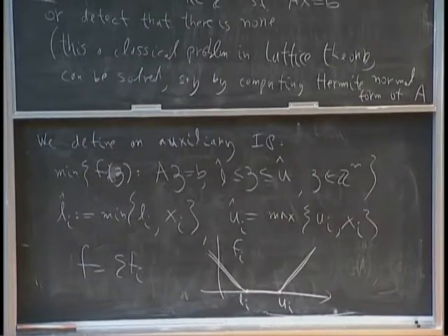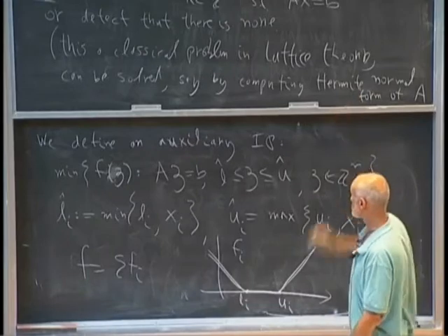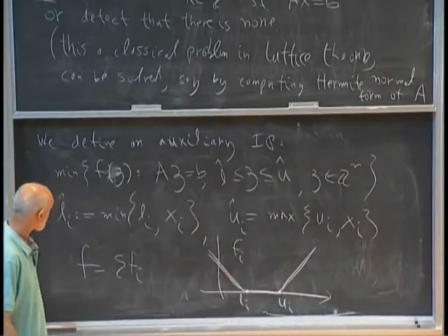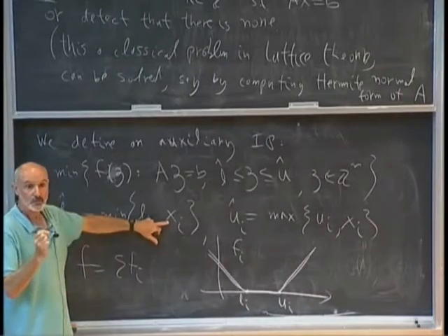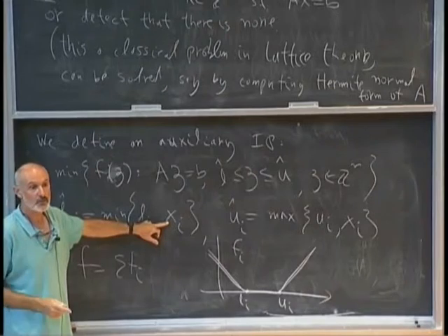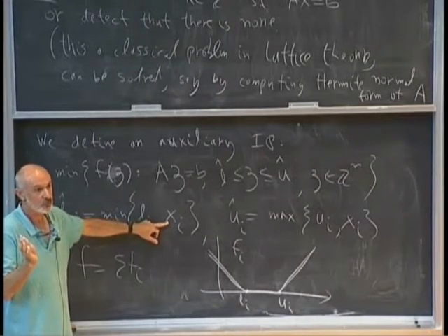So again, we start with this feasibility problem. We find one point x which satisfies the equations. And now we look at this integer program. x is this point we already found that satisfies the equations only, but not necessarily the lower and upper bounds, because otherwise we would have a feasible point.